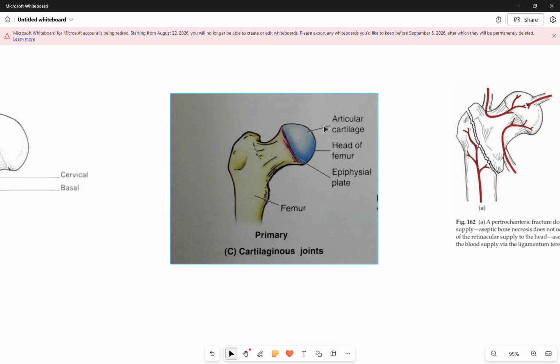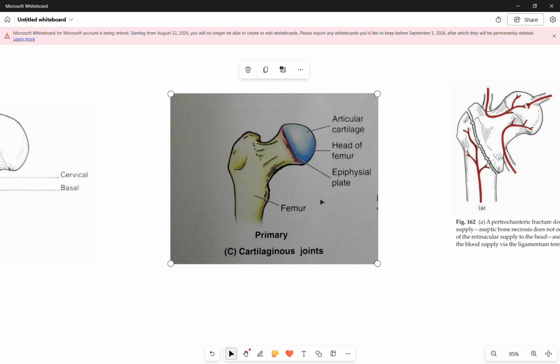And this ligamentum teres carries a blood supply for the head of the femur. And this is the epiphyseal plate. And then you've got the neck, greater trochanter, intertrochanteric line, and lesser trochanter.